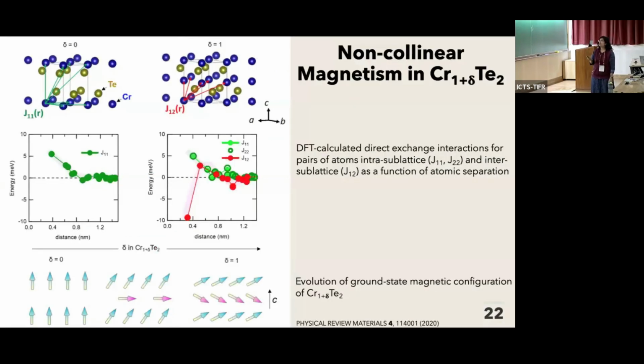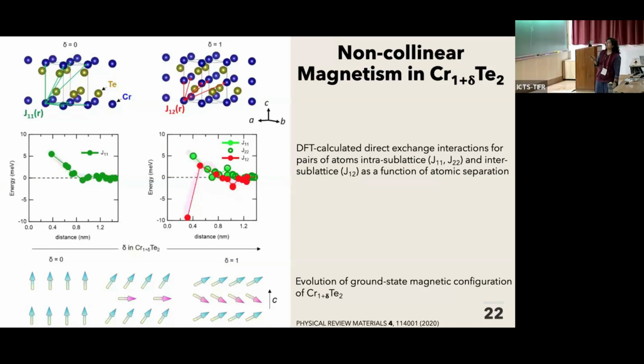So what is interesting between the CrTe2, which is a layered chromium telluride, and the other systems where you now have a chromium intercalant, is that you are basically modifying the type of exchange interaction. In this case, you have only one type of exchange interaction, that is J11, the intra-sublattice exchange interaction.